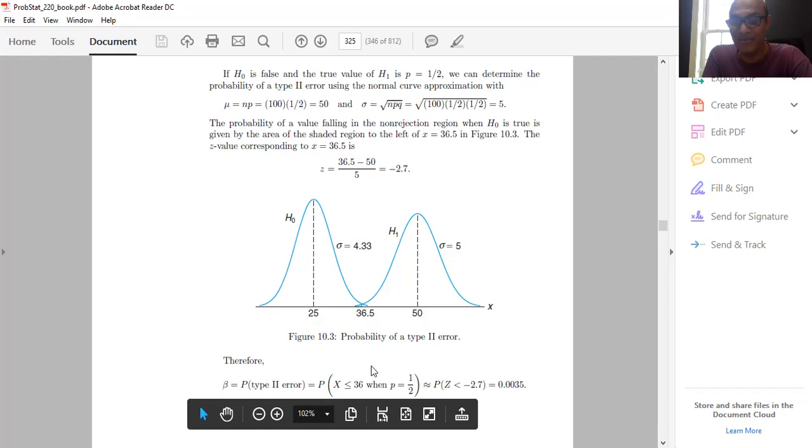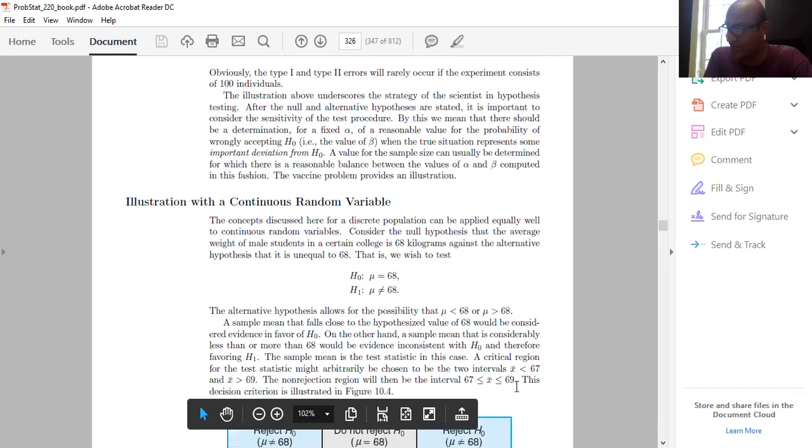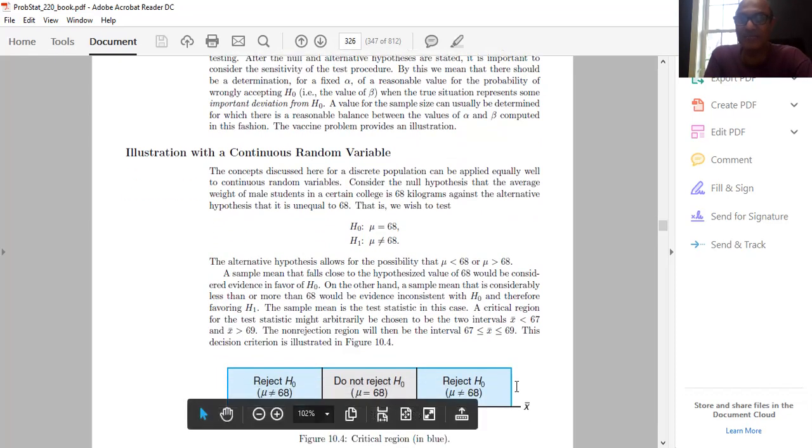For 25, the probability is extremely small, 0.0035. But again, you can get out of this situation just by increasing the mean value, right, guys? So here is the illustration with a continuous random variable.